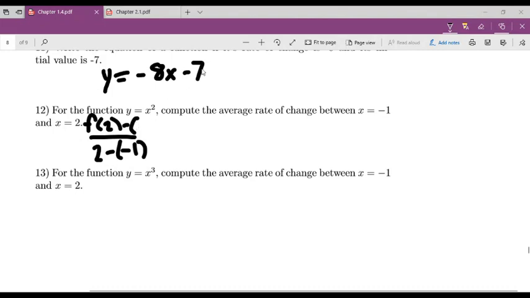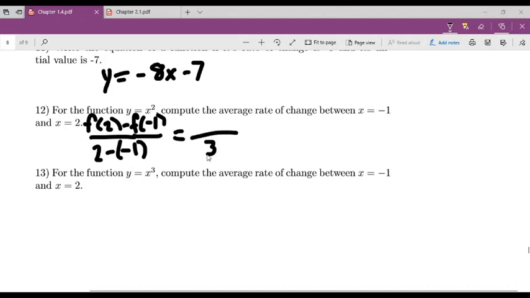So that's an ugly f. Let me write that one a little bit better. Alrighty. Simplifying the bottom's easy. You get a 3.